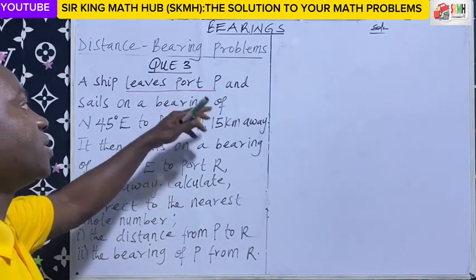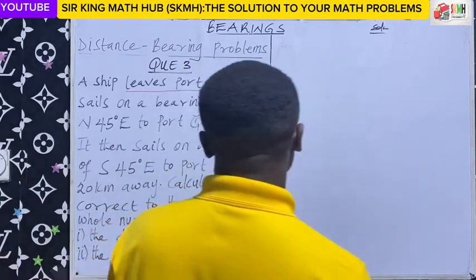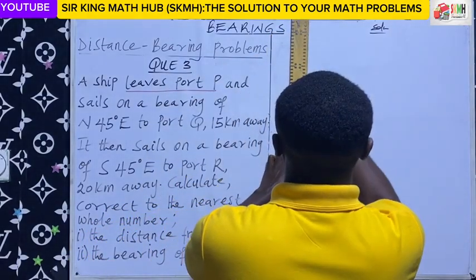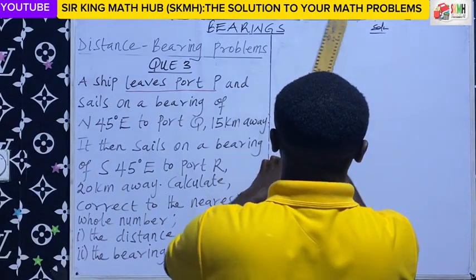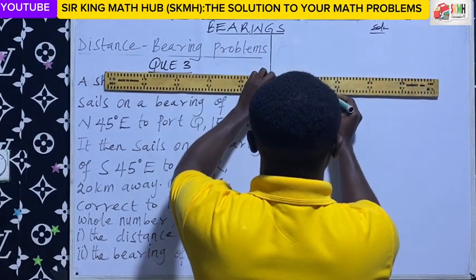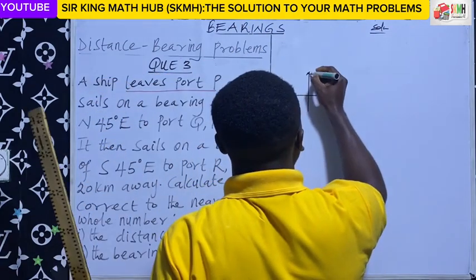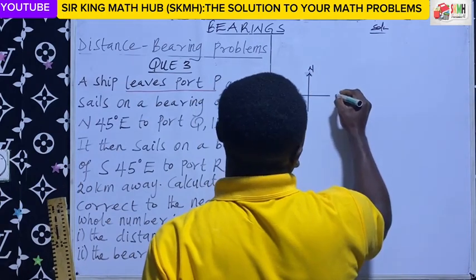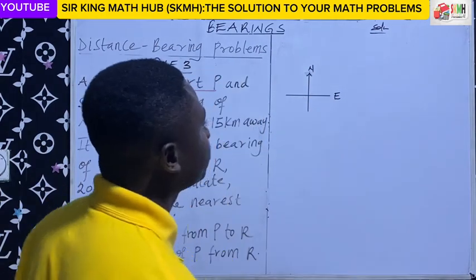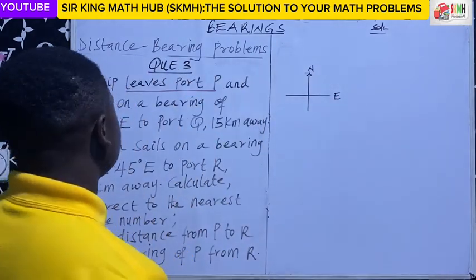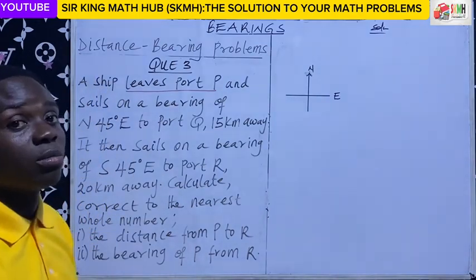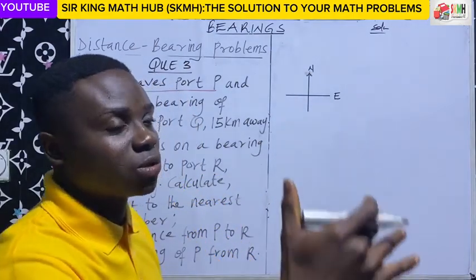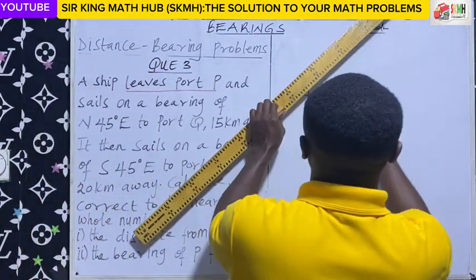So let's measure 45 degrees northeast from Port P. This is our north, this is our east. So 45 northeast, this is a compass bearing. It means that starting from the north, you have to measure 45 degrees towards the east. So that should be somewhere here.